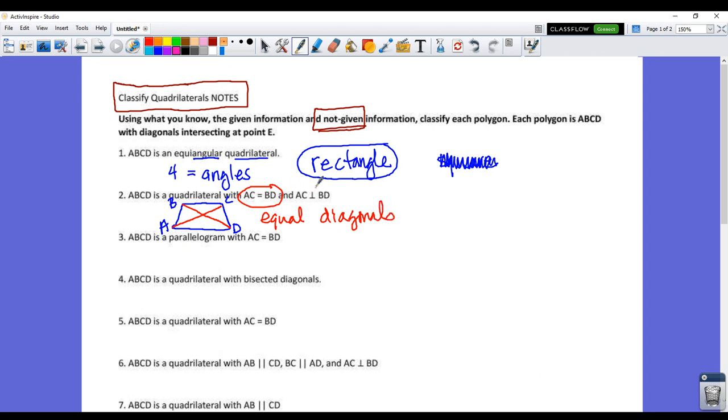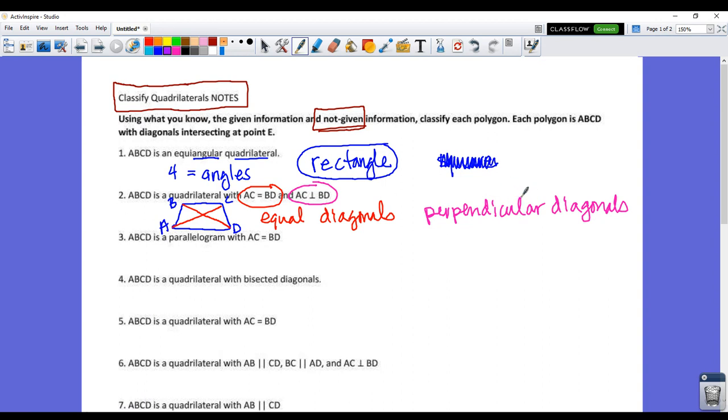Now this one is telling you that those diagonals are also perpendicular. Lots of things have perpendicular diagonals and lots of things have equal diagonals. Isosceles trapezoids have equal diagonals, rectangles have equal diagonals, squares have equal diagonals. And lots of things have perpendicular diagonals, like kites, rhombuses, and squares.